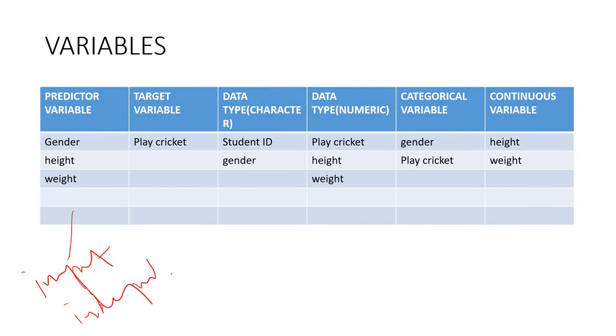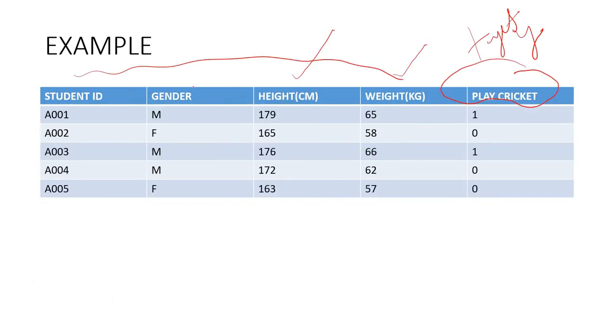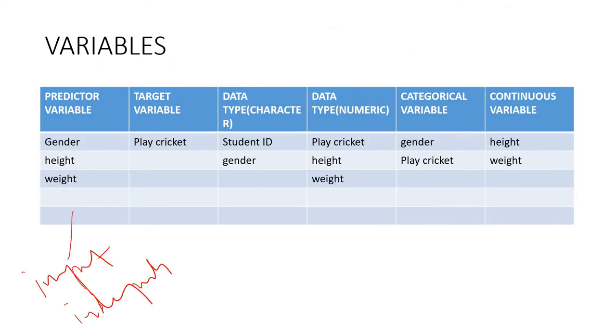What are the predictor variables here? The input variables are gender, height and weight. These three are the predictors. Student ID won't contribute anything to the prediction, so we take gender, height and weight as the input variables.